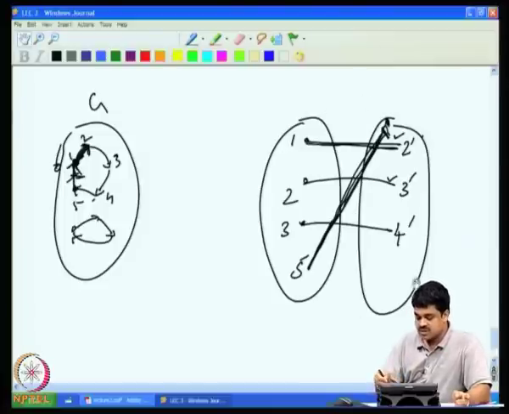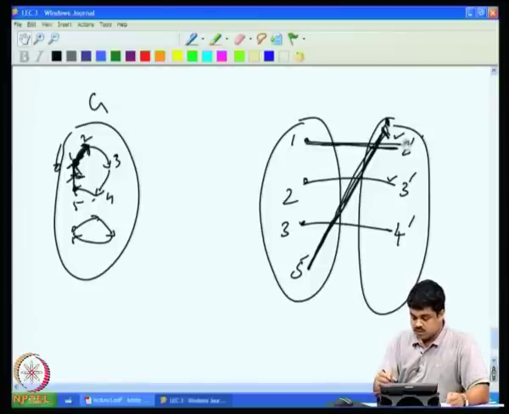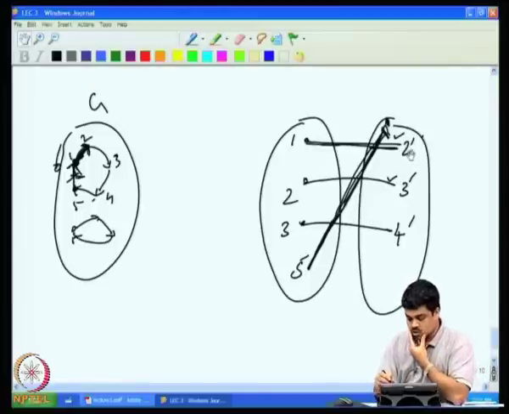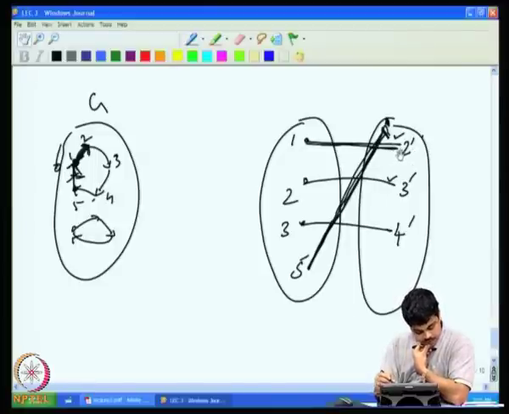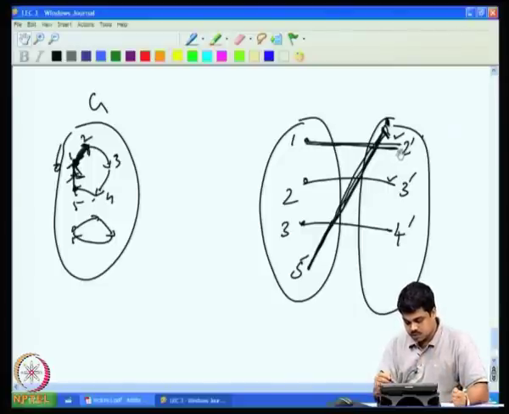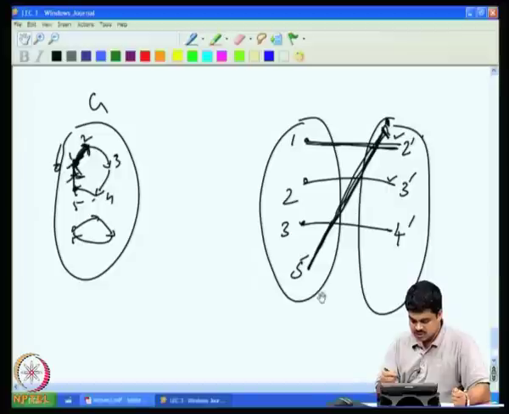So all the vertices are touched by one of these edges, and therefore we get a perfect matching, because no two edges touch each other. Given any vertex, exactly one edge is touching it; if two edges touched each other, there would be a vertex with two edges incident on it. So the cycle cover translates to a perfect matching here.